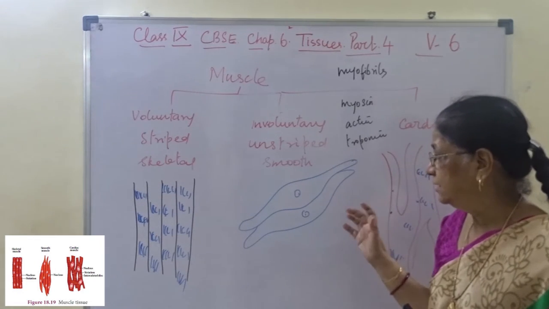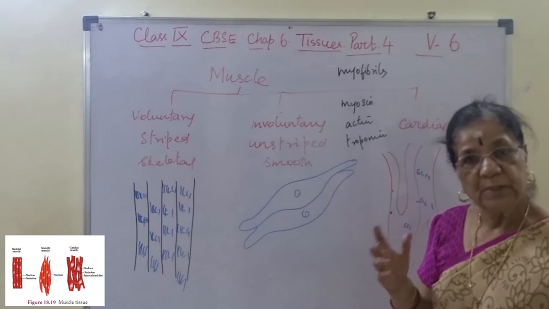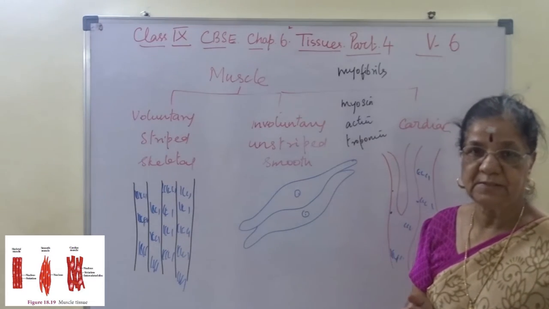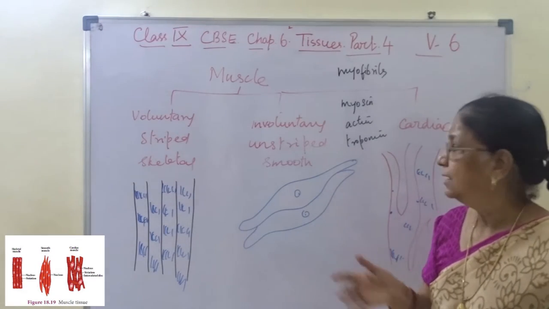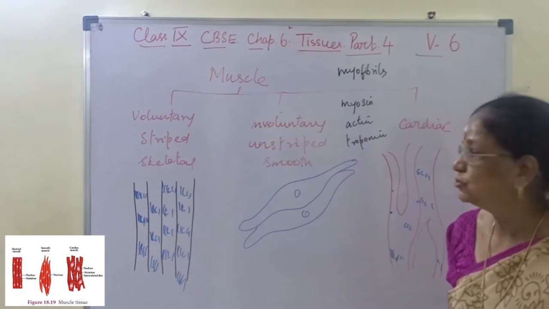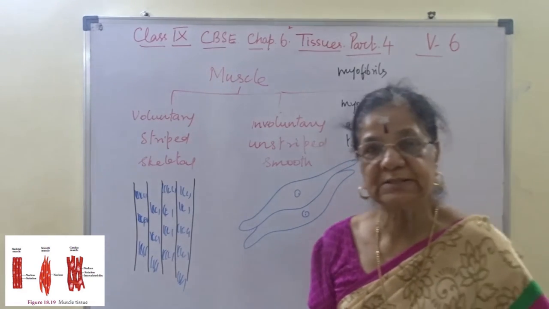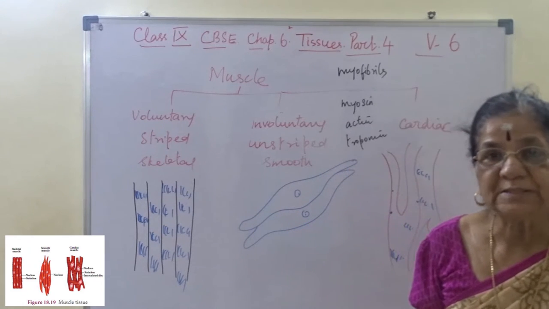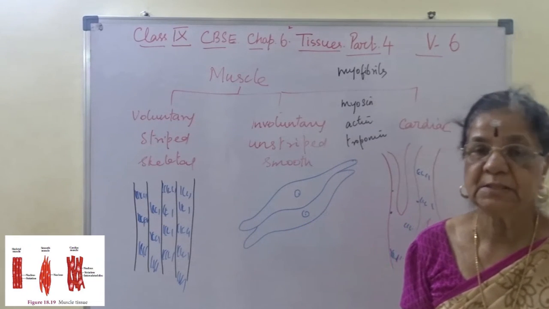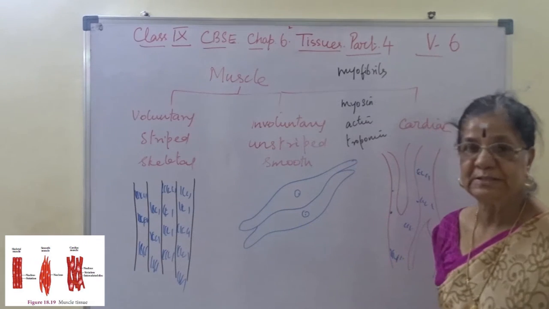I hope you understand. It is not under the control of our willpower, so it is involuntary muscle and it has no striations. It is formed of muscle protein, but it has no striations, so it is called smooth muscle.